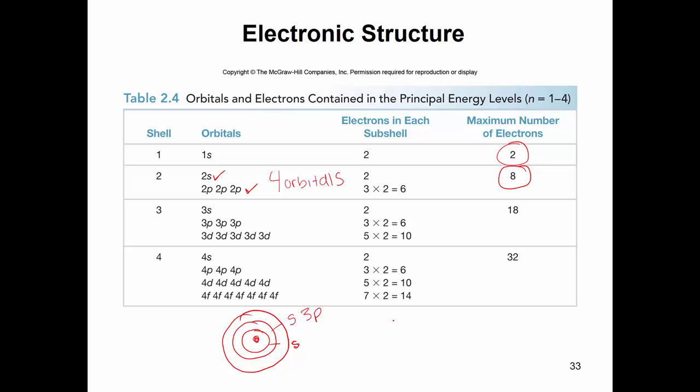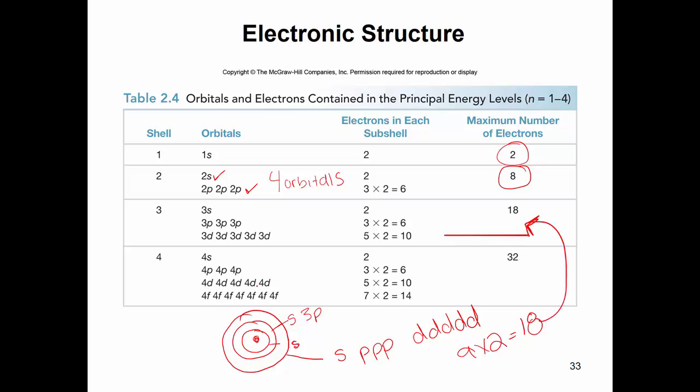So in the third energy level we have an s, 3 p's, and 5 d orbitals. How many orbitals is that? 1, 2, 3, 4, 5, 6, 7, 8, 9. Each orbital holds 2 electrons, so 9 times 2 is 18.